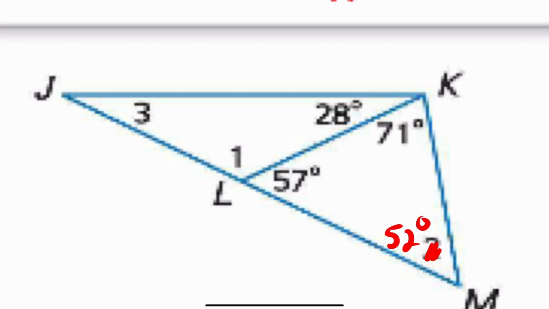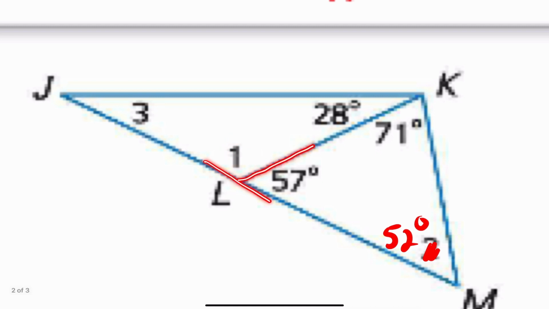But notice that I have this 57 here and I have this angle 1 here. And I notice that this actually forms a linear pair, right? Because these two angles are adjacent to each other, and essentially they're stuck together. So this is basically a linear pair, which means that these angles add up to 180.